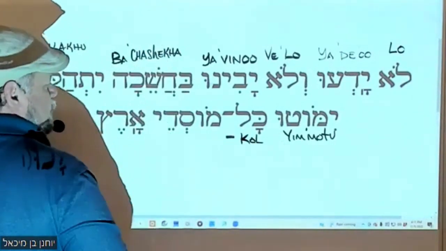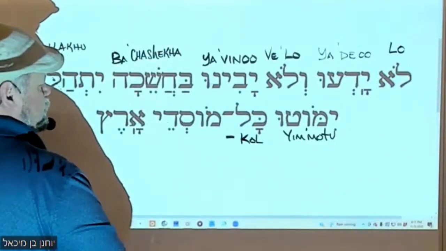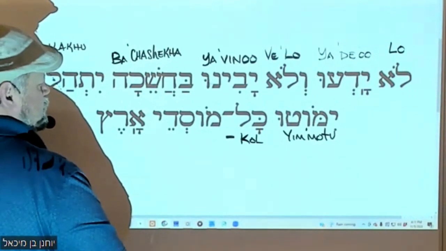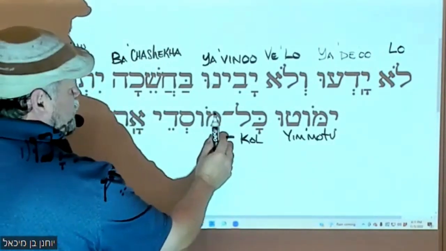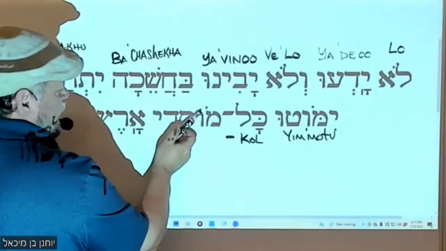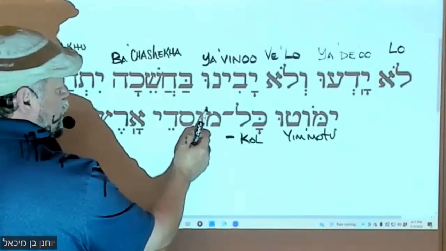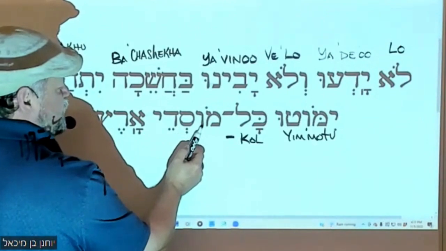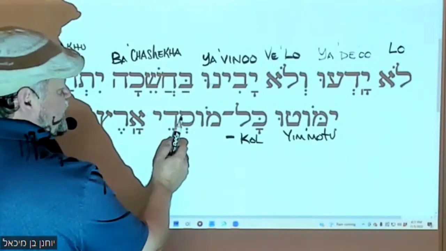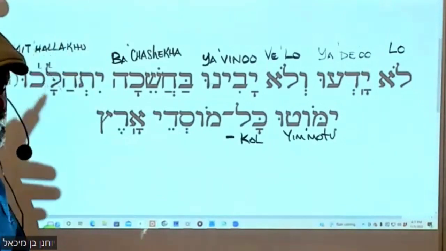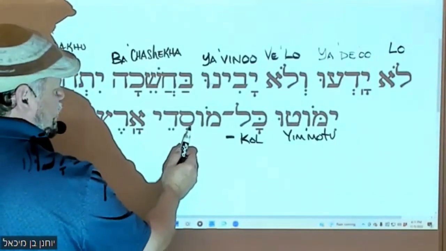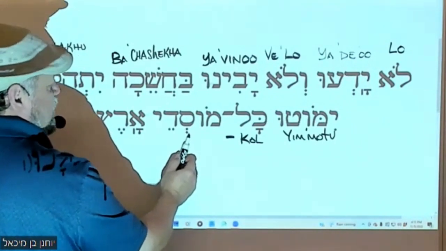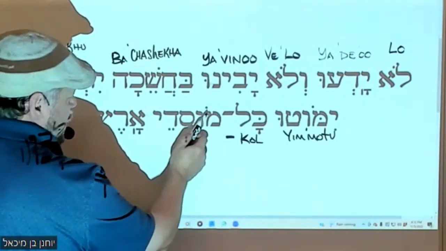What's the next part? All right, so you have the letter mem. It makes an M sound, and it's pointed holem, so m, o, mo. Then we have this letter samek. It makes an S sound. And it's pointed with what kind of a shva? That's vocal, because it's following a long duration.